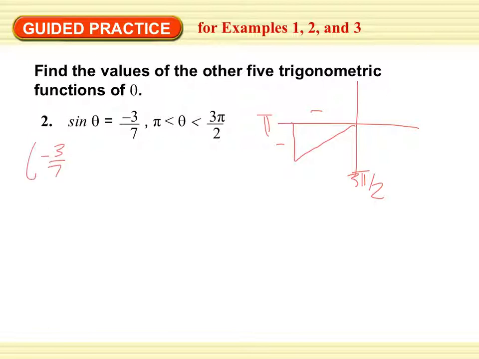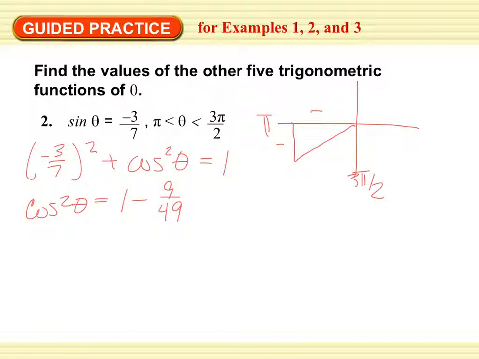Negative 3/7 squared plus cosine squared theta equals 1. One minus 3/7 squared is 9 over 49. That would give me 40 over 49. Square root of both sides.